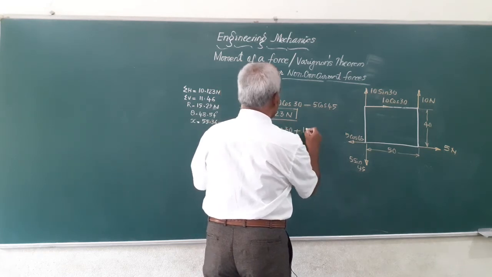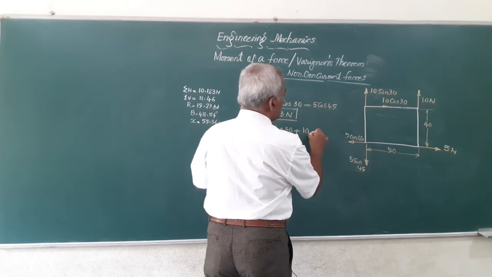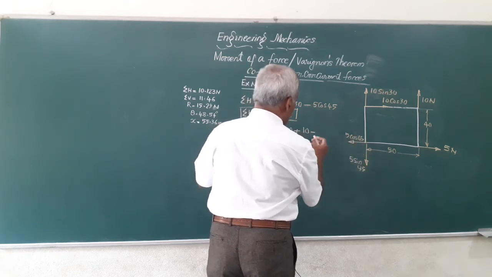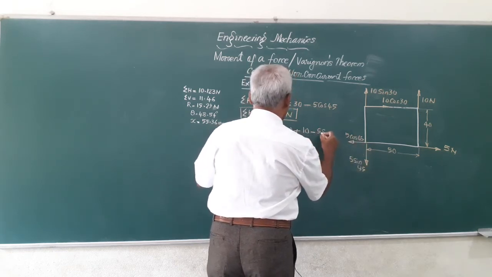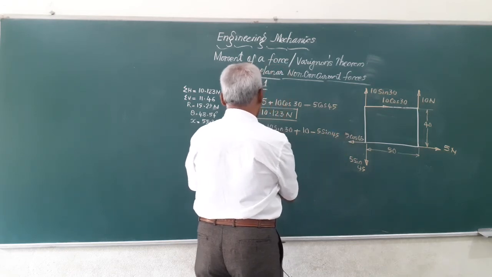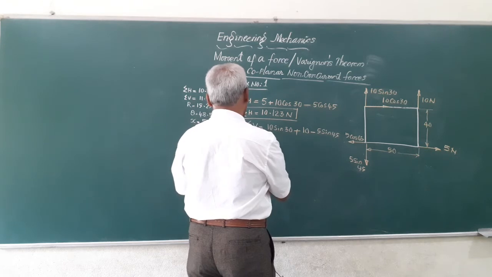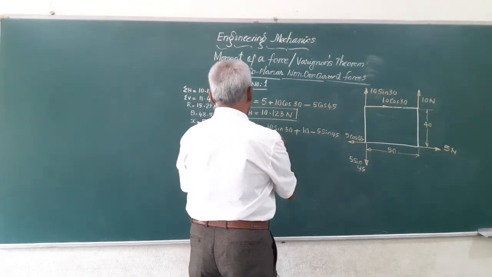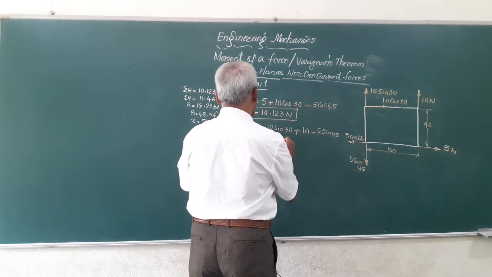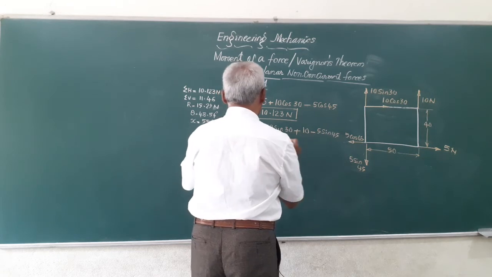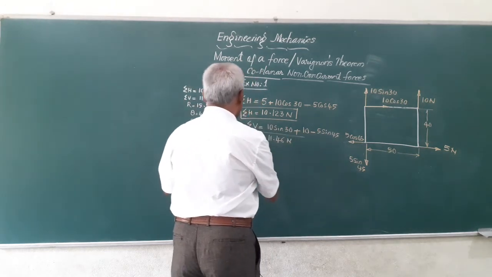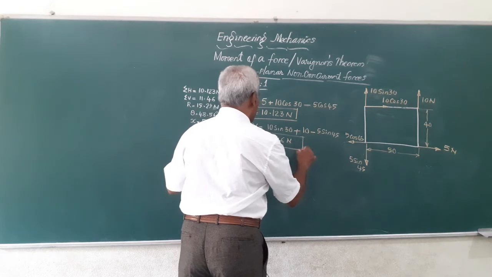Friends, if you simplify this, you will get the value of sigma V equal to 11.46 Newton. So we have calculated both sigma H and sigma V.